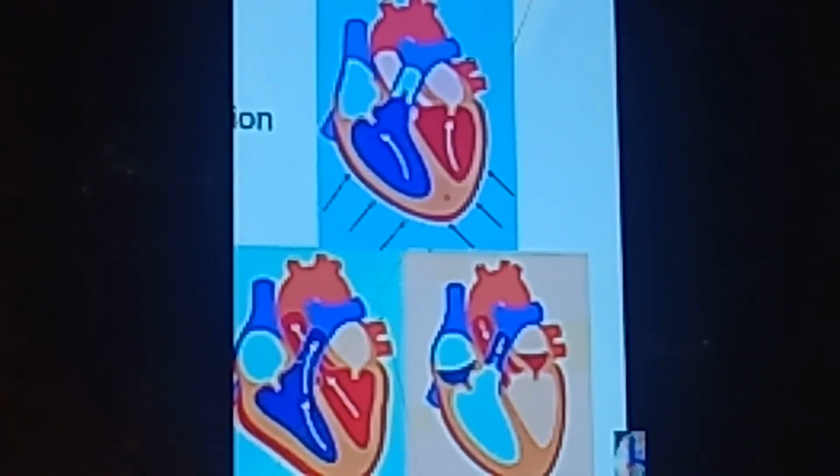First of all, the heart is enclosed in a double-walled membrane called the pericardium. It contains lubricating pericardial fluid, which reduces friction during the heartbeat and protects against mechanical injuries. It's clear. Next, the human heart is a four-chambered heart.